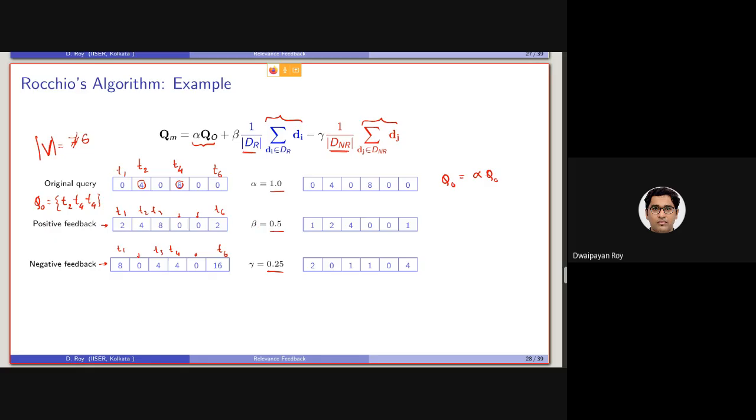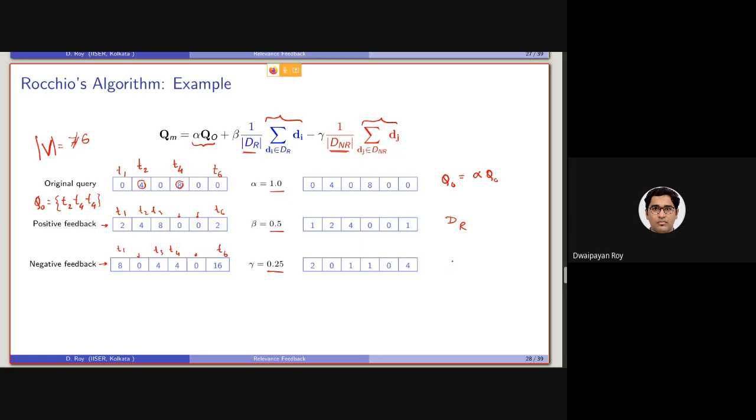Now as we are considering a half belief on the relevant set, the individual weights will be half. So 2 will be 1, 4 will be 2, 8 will be 4, and 0, 0, and this will be 1. So this is basically based on the DR.